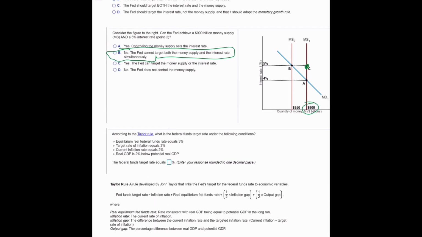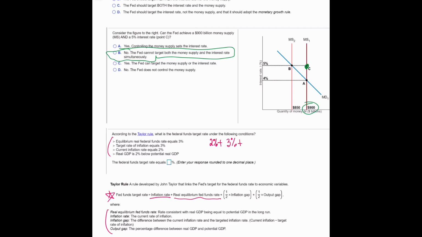So let's take a look at the Taylor rule. According to the Taylor rule, what is the federal funds target rate under the following conditions? And we're given some economic variables. Down here, you can see that we have a formula for calculating that using the variables and some definitions of what each of these measures is. So if we take it from our definition here, we can start with the inflation rate. So the federal funds rate equals the current inflation rate, which is 2%, plus the real equilibrium federal funds rate, which is given to us as 3%, plus 1/2 of the inflation gap.